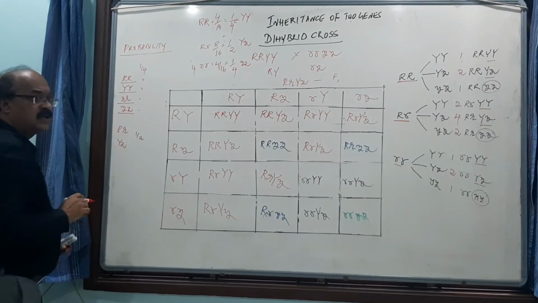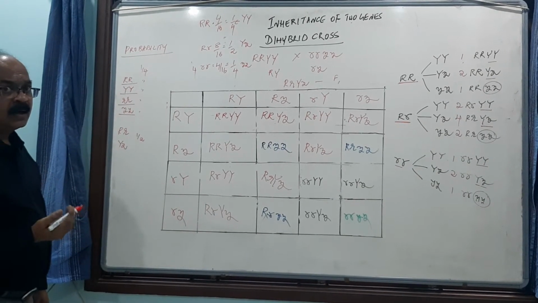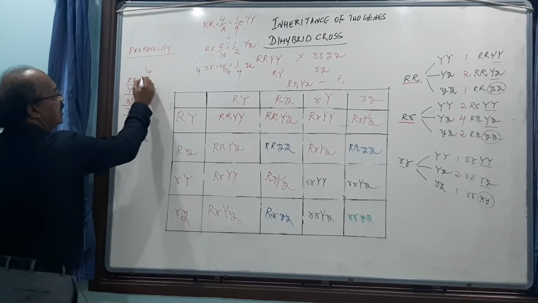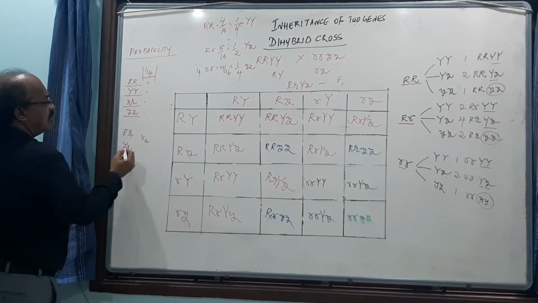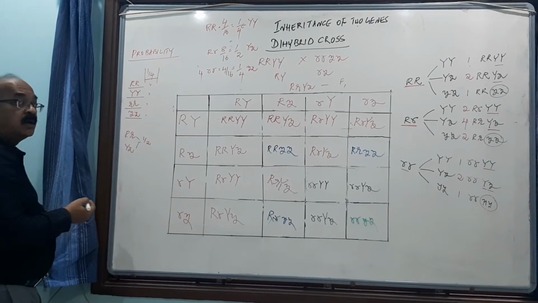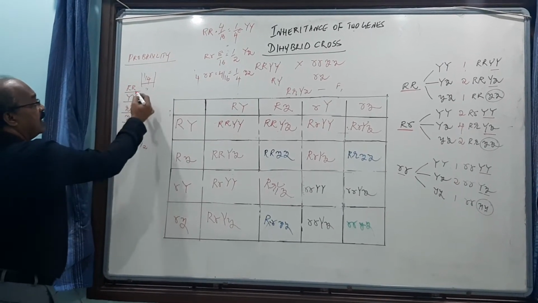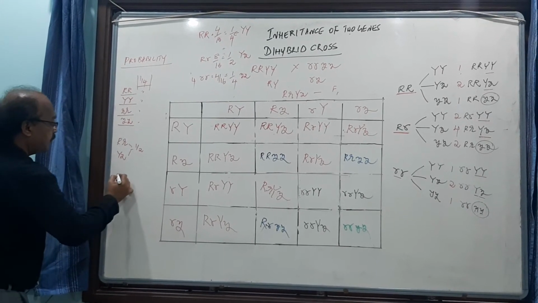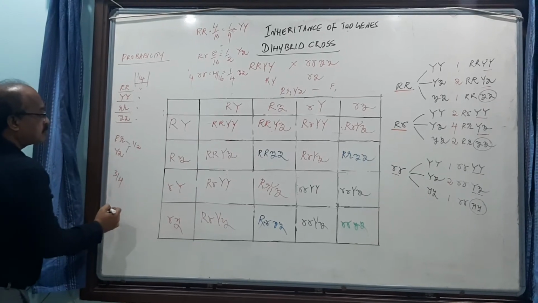Homozygous condition. Let it be dominant or recessive. Homozygous condition, probability 1/4. Heterozygous condition, probability half. Dominant probability 1/4 plus half, 3/4.